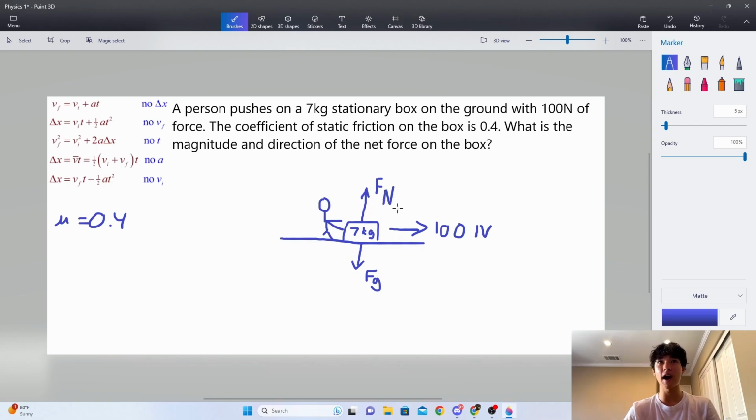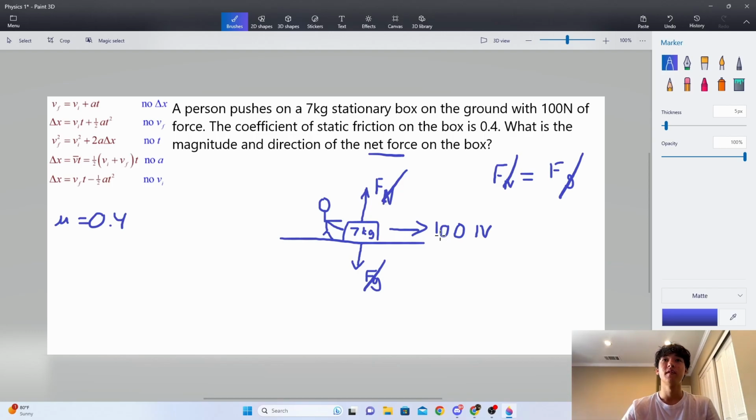Essentially, on flat ground, these are the same, remember, because it's cosine 0. So it's just F of G times 1 is equal to Fn in this case. So F of n is equal to F of G, which means they cancel each other out. So they actually don't really matter when we're finding the net force. But you just have to realize that those forces are there.